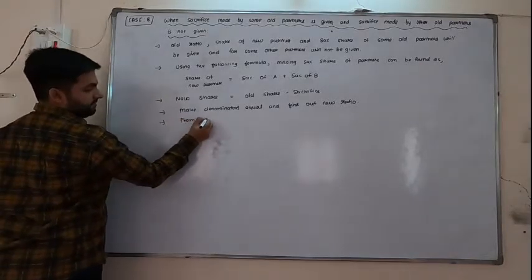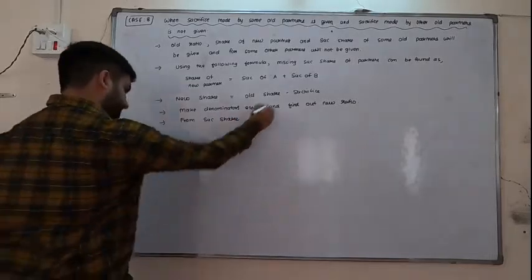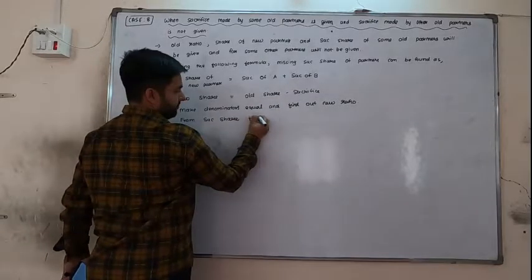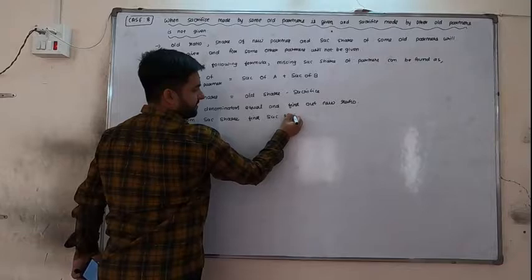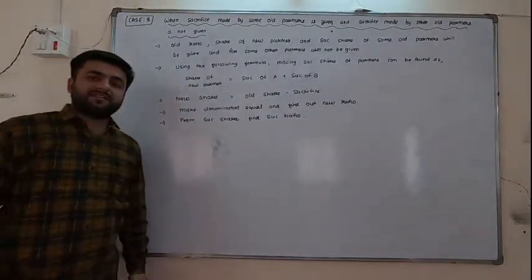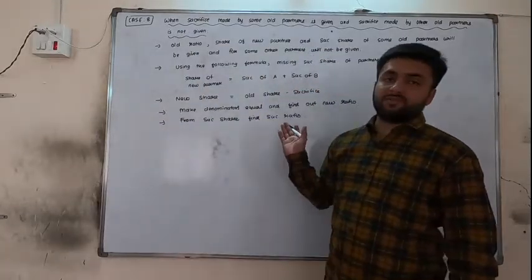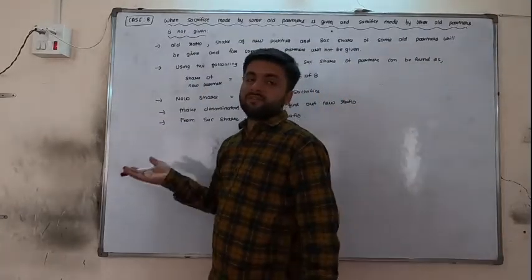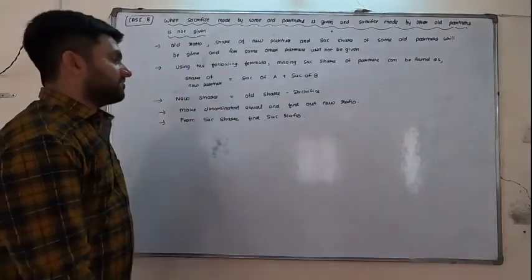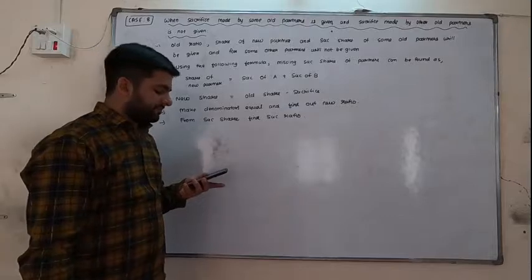After that, from sacrifice share, find sacrifice ratio. This is like case 3 only. Sacrifice share is given, share of new partner is given. You directly find new share is equal to old share minus sacrifice, make denominators equal, and from sacrifice share find sacrifice ratio. So this is like case 6 or like case 3. Nothing is there, okay?